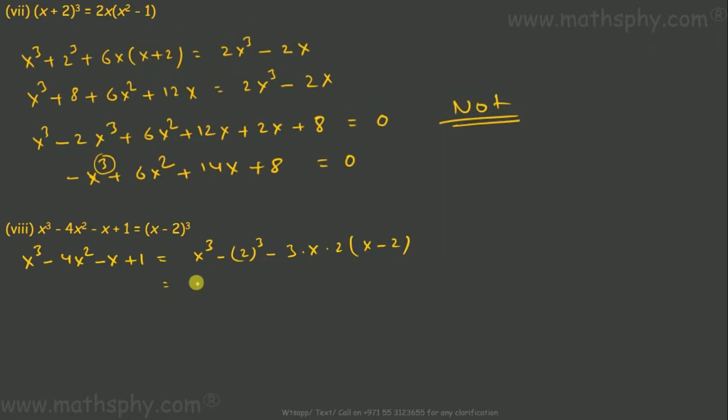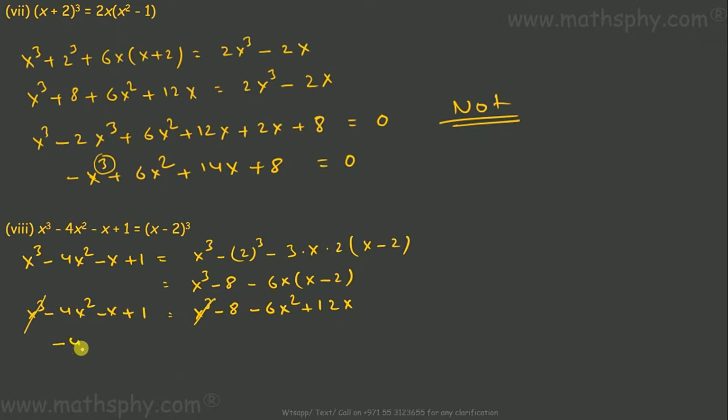To solve this, this gets you x cube minus 8 minus 6x(x minus 2). So this is x cube minus 8 minus 6x squared plus 12x, which is x cube minus 4x squared minus x plus 1. Now you can see here, this x cube and this x cube can be cancelled.